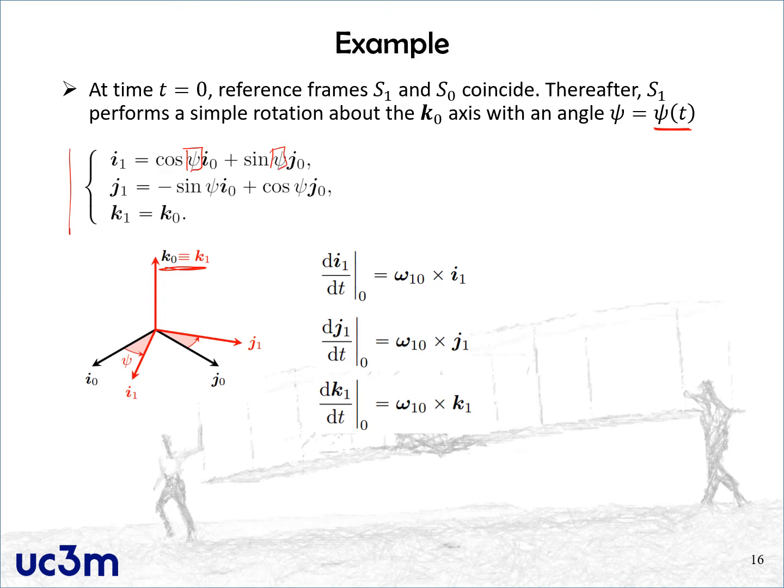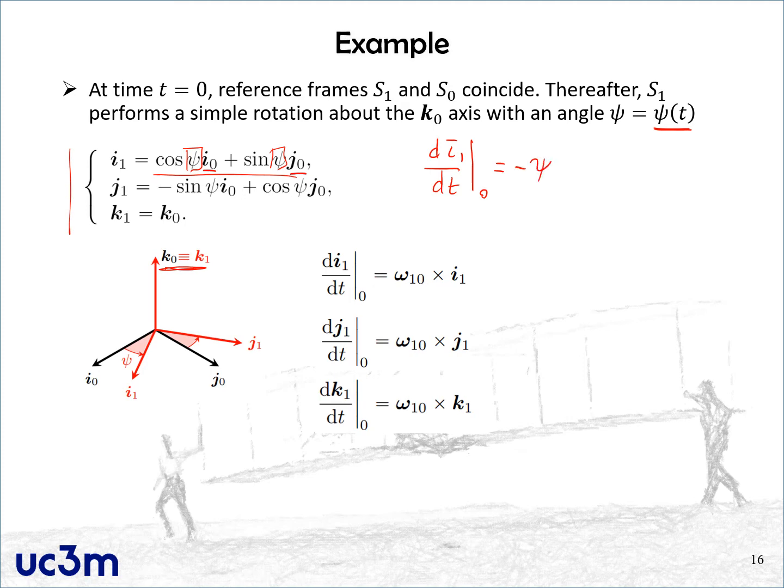Now, we can compute the derivatives of these vectors in basis B0, okay, and we can do that like this. So let me just consider the first one, for example. If we take derivatives here, we are taking derivatives in vector basis 0, so I0 and J0 are constants, so the only things that change are the cosine and the sine.